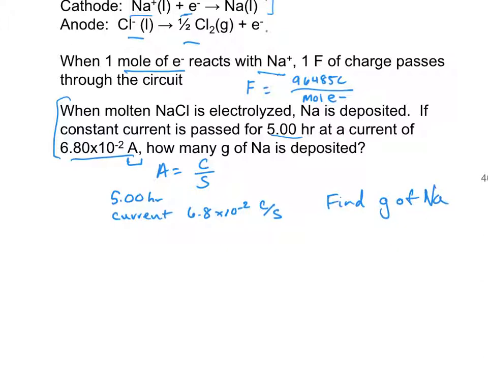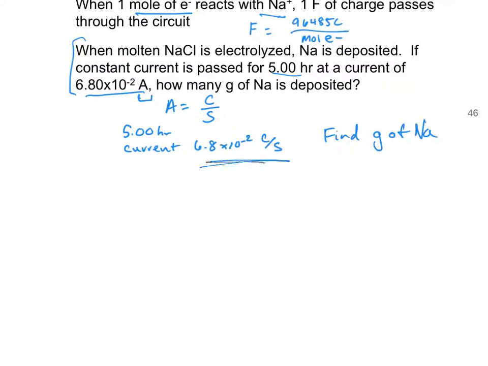Okay, let's start with what we know. Let's start with our current. We'll have 6.8 times 10 to the minus 2 coulombs per second. I haven't done much dimensional analysis with you guys, so this will be fun. So we know we're going to pass current for 5 hours, so we need to turn our seconds into hours.